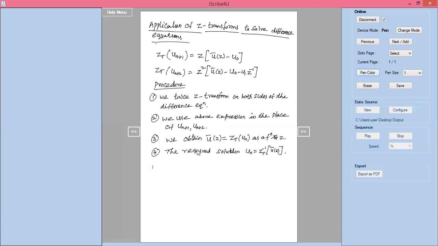Solve by using Z transforms: y(n+2) minus 4 into yn equal to 0, given that y naught equal to 0 and y1 equal to 2.